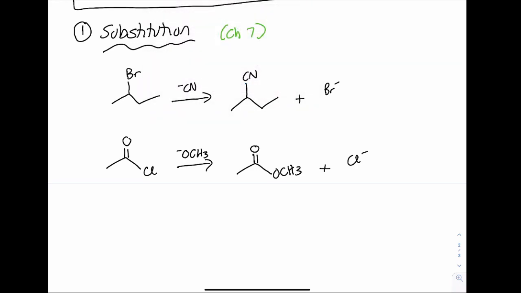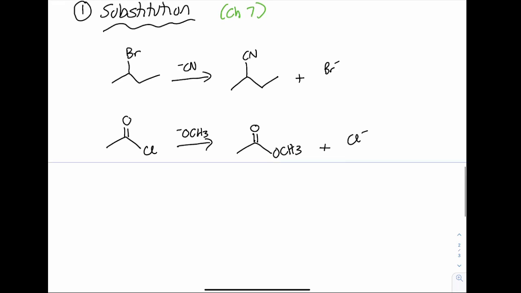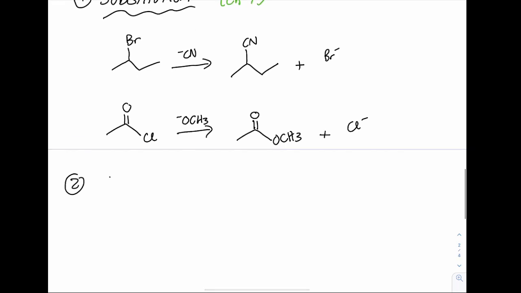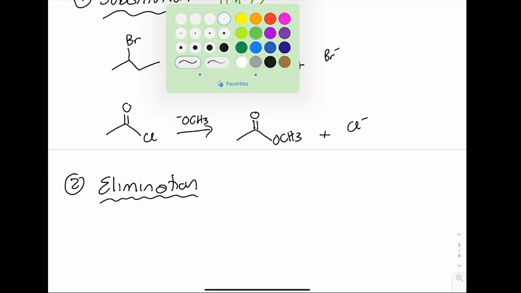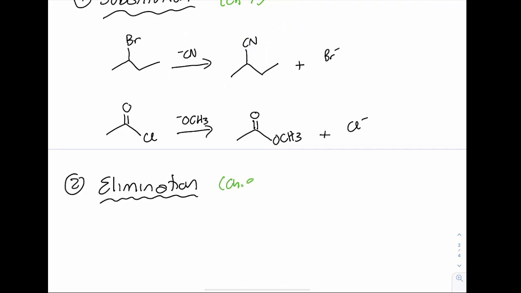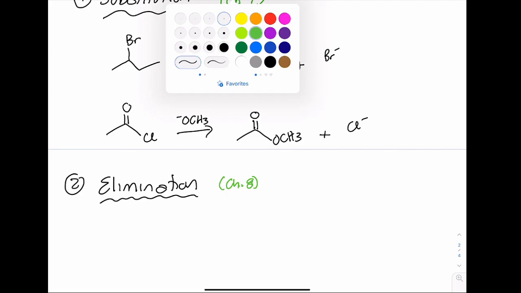My second type of common reaction is going to be an elimination, which is also how it sounds. We're going to eliminate something from my organic molecule. And chapter 8 is going to be focused on elimination reactions of alkyl halides.